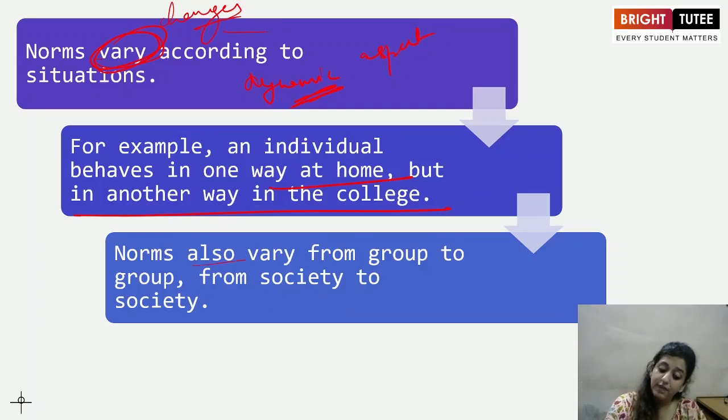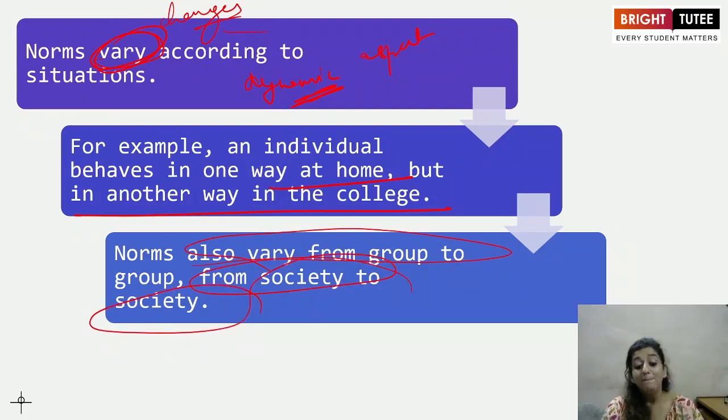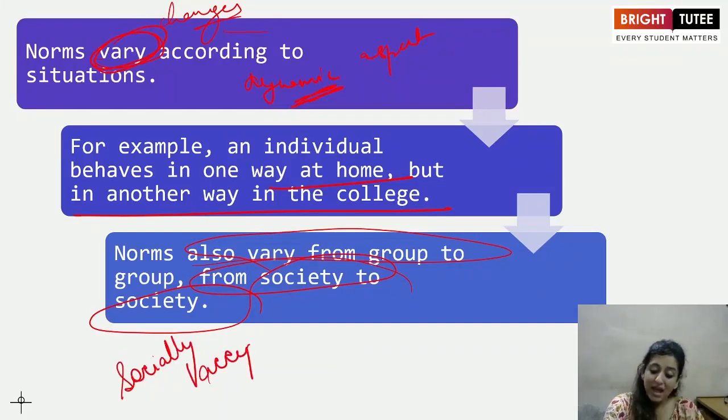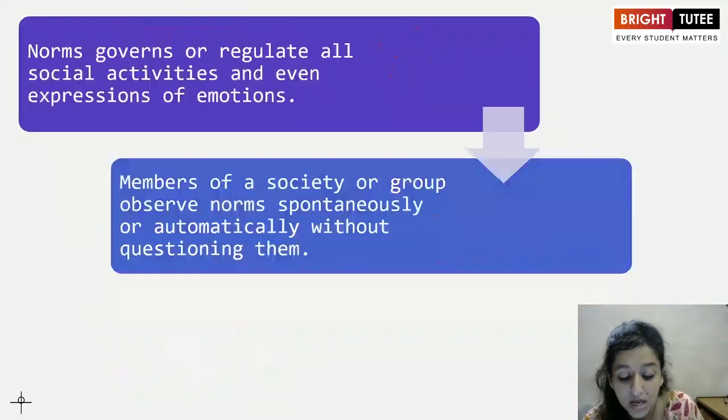Also, norms may vary from group to group and from society to society because it is something that is socially accepted. Imagine some customs being followed in, let's say, Ukraine or in India. It is not something that will be socially accepted everywhere, which makes it vary from place to place and from group to group.